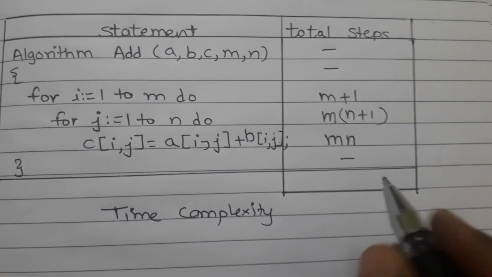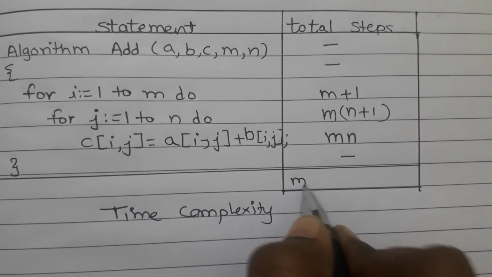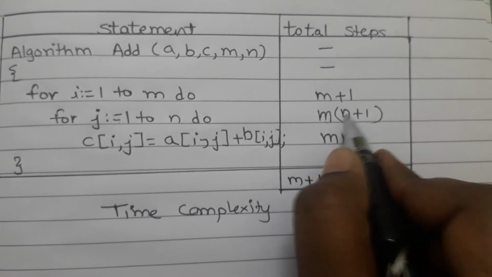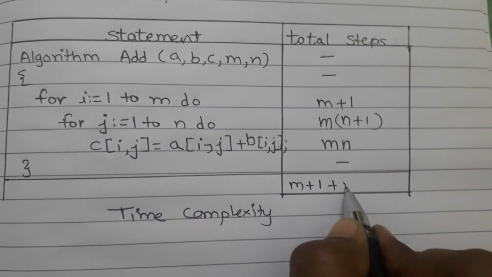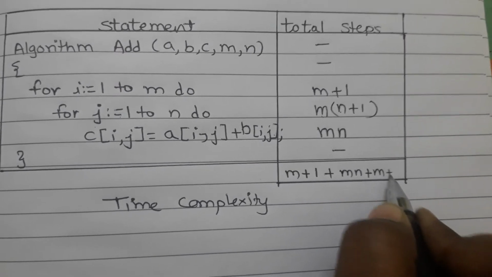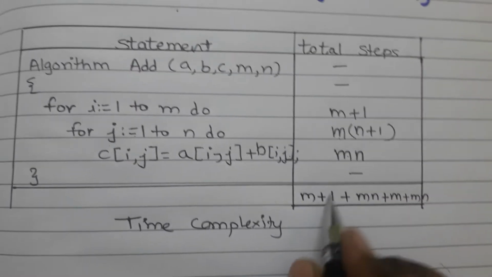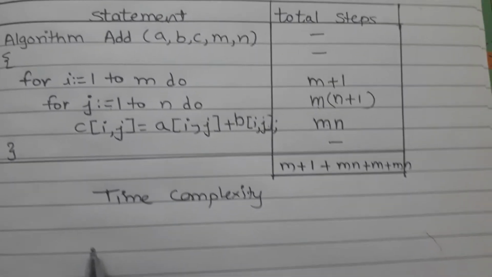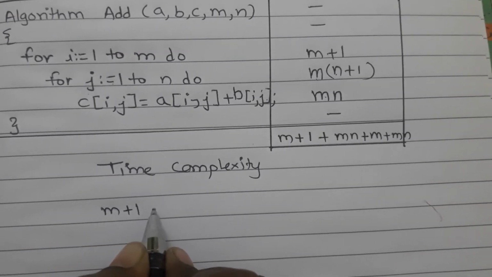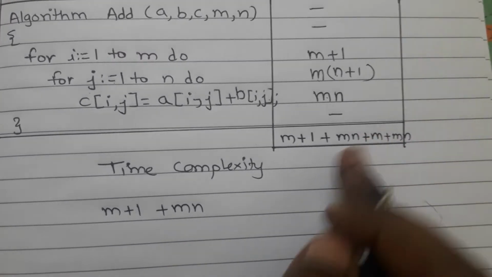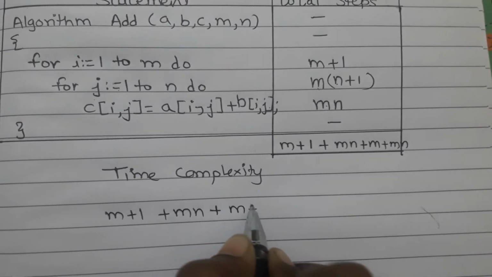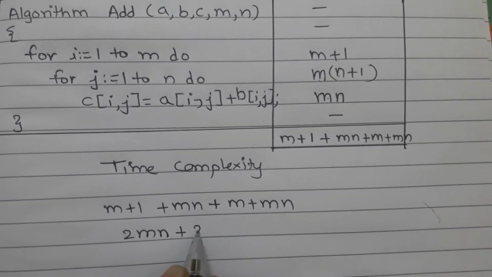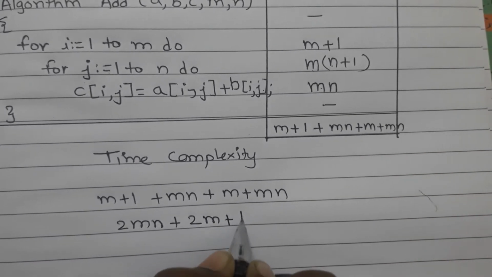So we can write it as m plus 1, plus m multiplied by n plus 1, which is mn plus m, plus this mn. If we solve it, m plus 1 plus mn plus m plus mn, it will be 2mn plus 2m plus 1.